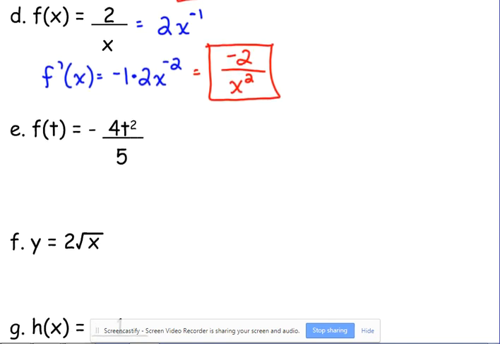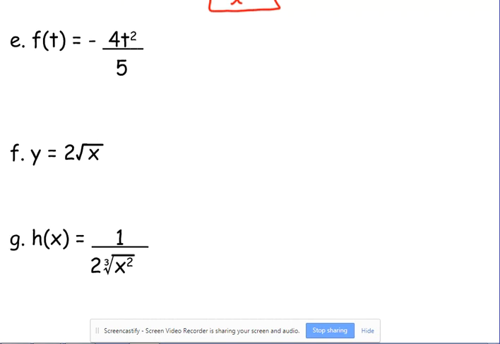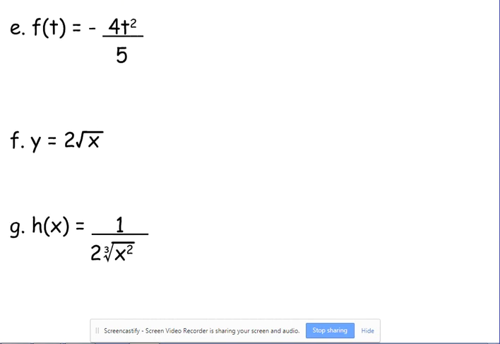Let's do a few more examples just to make sure we've got it. Figure E, f of t. Just mixing up the variables here, this tends to mess with people. -4 t squared over 5. If it really bothers you, you can rewrite it this way: -4/5 times t squared. That's fine.